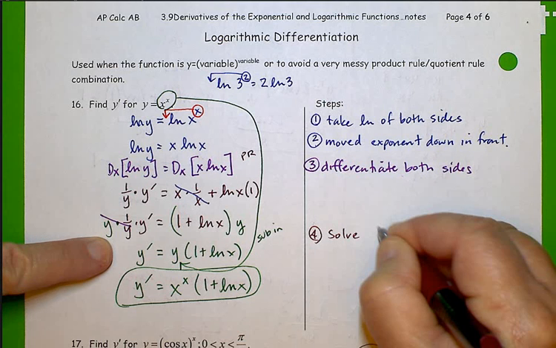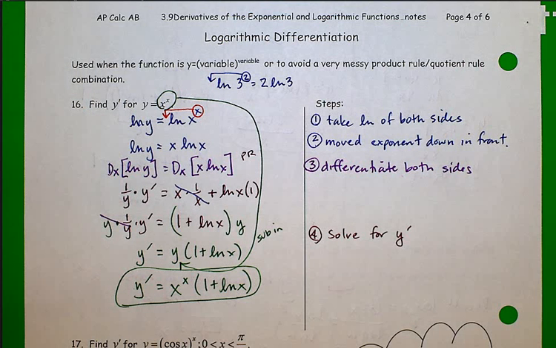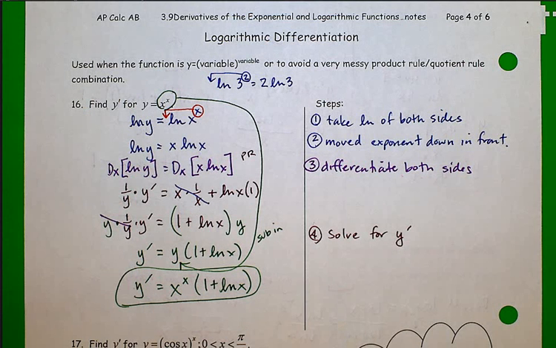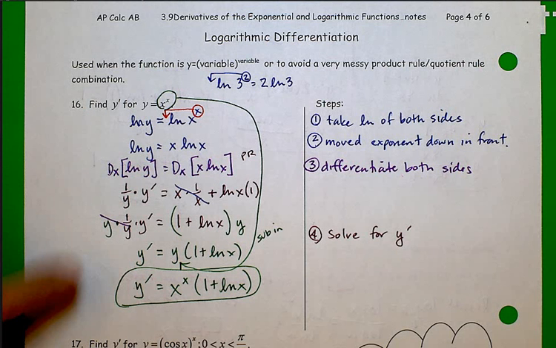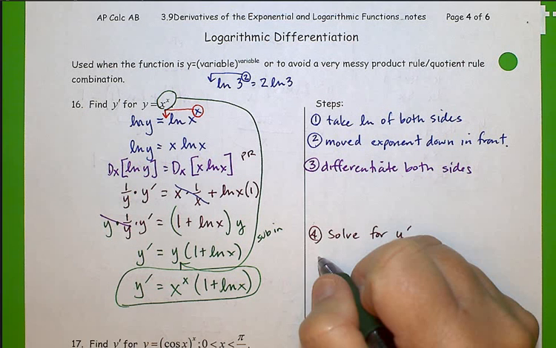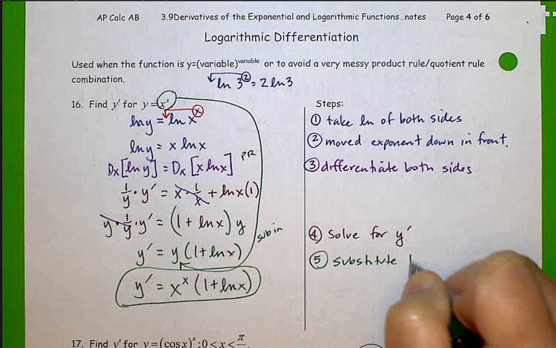And if you're starting with natural log of y on the left-hand side, which many of the problems will, not all of them, but many of them will, then you're going to end up multiplying by y on both sides. That's going to be a technique to get there. Once you've done that, then the last thing we did here, we took this y out. We're going to substitute to eliminate y in the final answer.